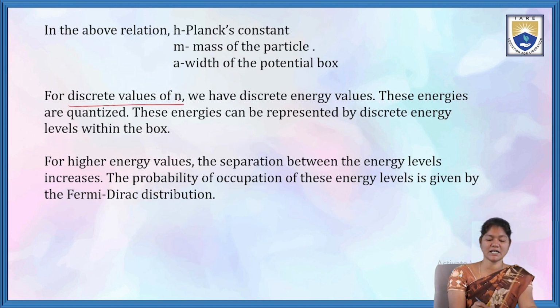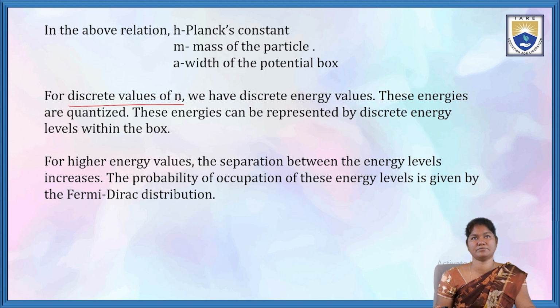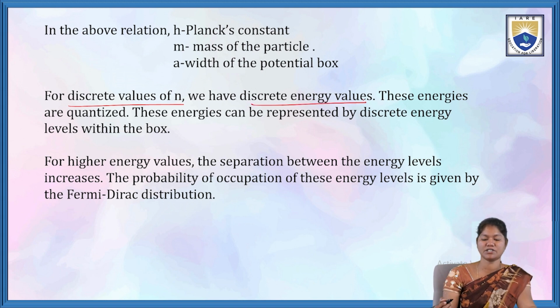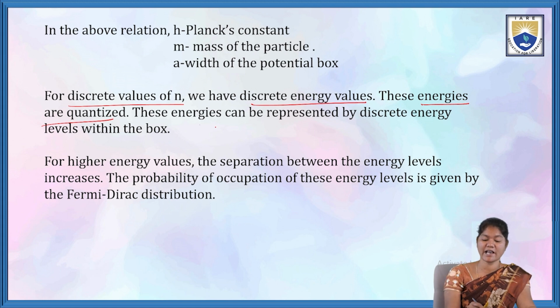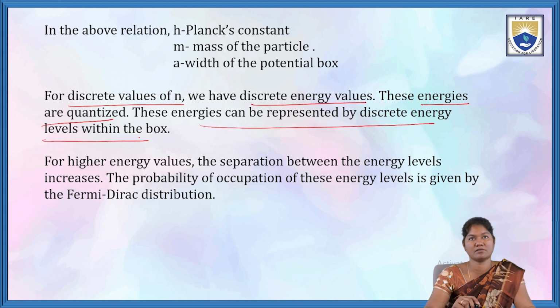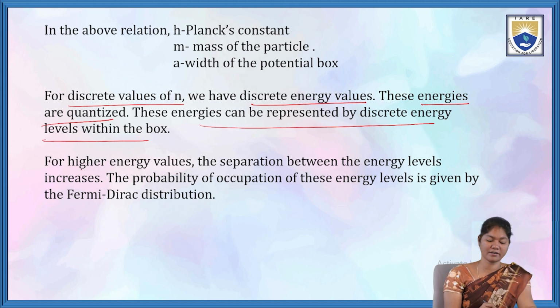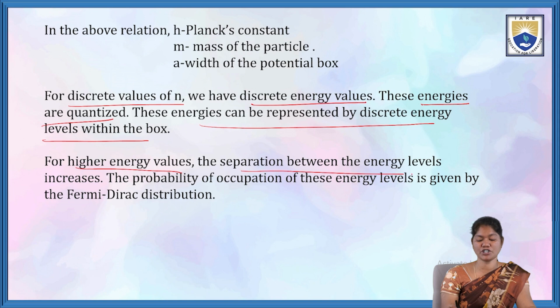So for discrete values of n, we have discrete energy levels. These energies are quantized, and they can be represented by discrete energy levels within the box. For higher energy values, the separation between the energy levels increases.